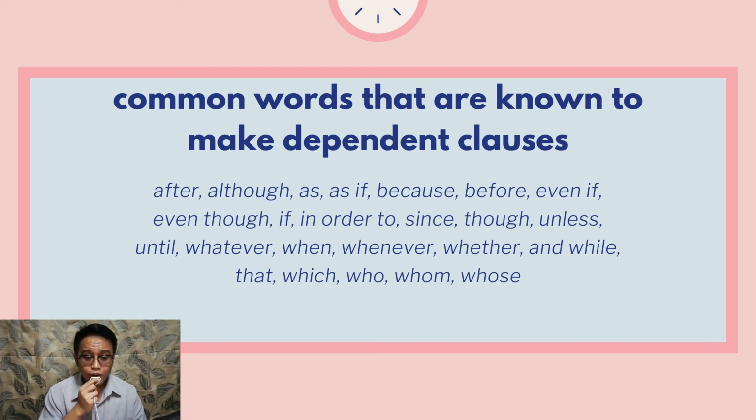It's our relative pronouns. Mga subordinating conjunctions na to ay kanang after, although, as if, as, because, before. And if ato na isumpay sa usa ka clause, then that would mean nga ang kanang clause is a dependent clause. Kinahanglan na to si isumpay into something. Dili na to siya pwede masumpay into another dependent clause.